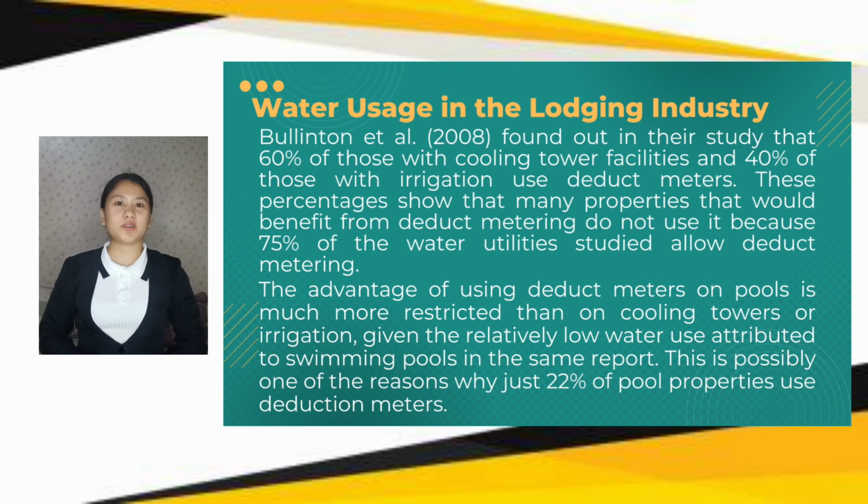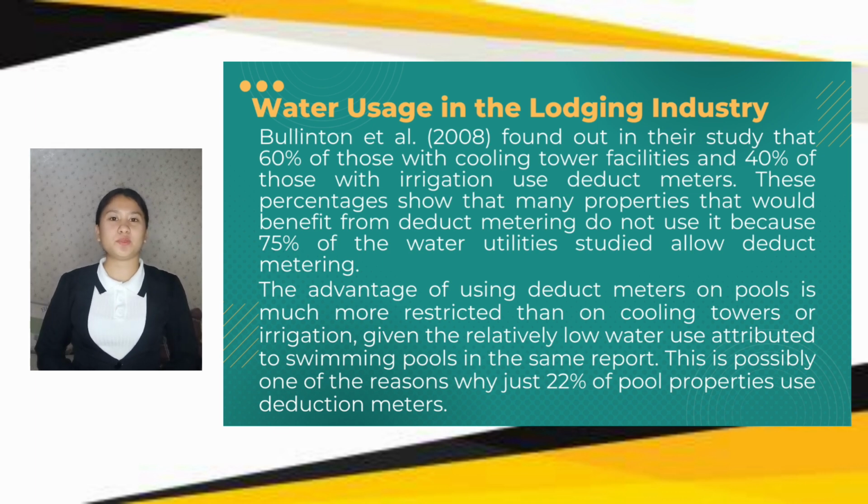Bulintal et al., 2008 found in their study that 60% of those with cooling tower facilities and 40% of those with irrigation use the deduct meter. This percentage shows that many properties that would benefit from deduct metering do not use it, because only 75% of the water utilities studied allowed the deduct meter.